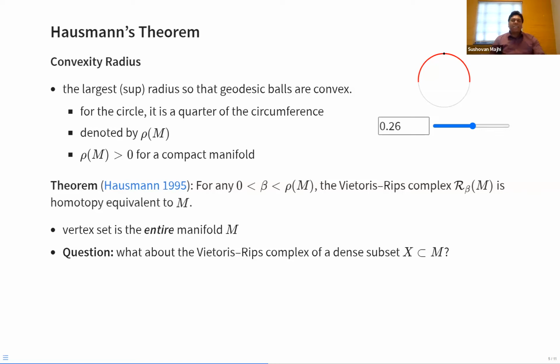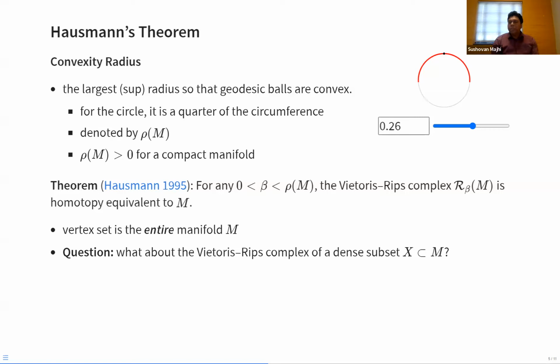But the question that Hausmann poses, and this question is going to be very critical in our shape reconstruction, is: what happens if you take a finite dense subset from the manifold and you build the same Vietoris complex, maybe within some contextual radius, rho of M, and so on, would it still capture the homotopy type of M?